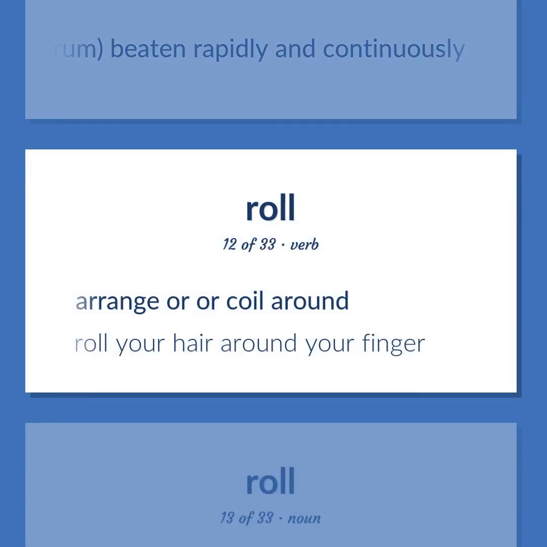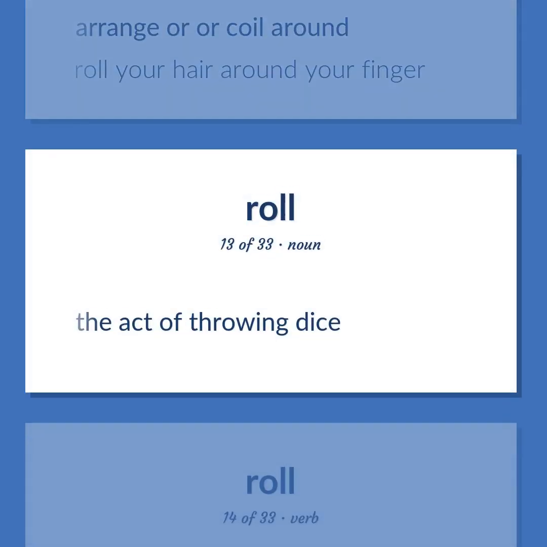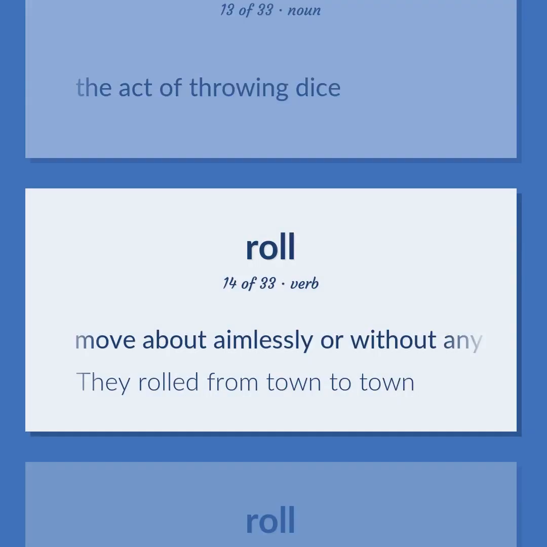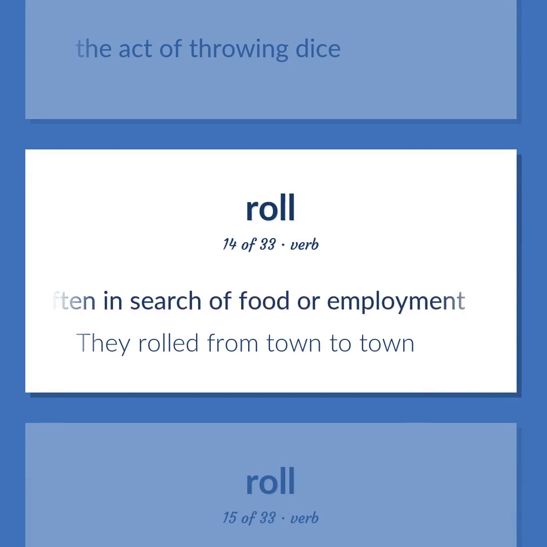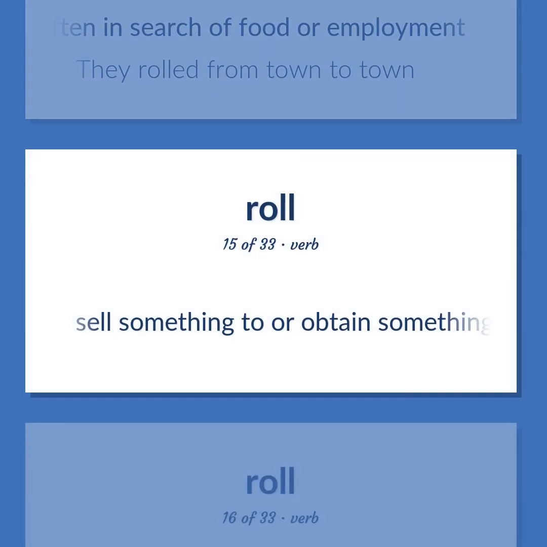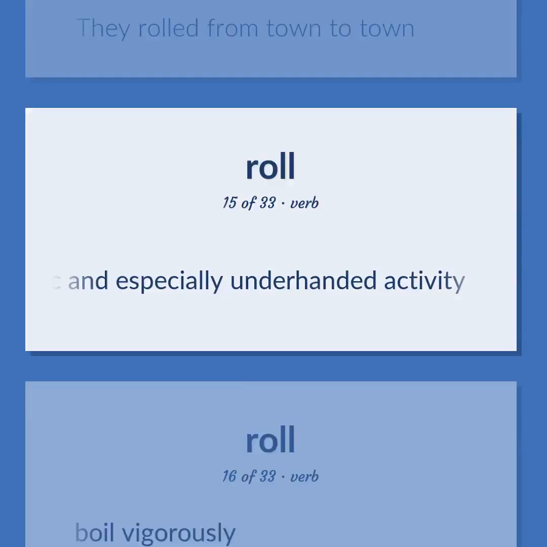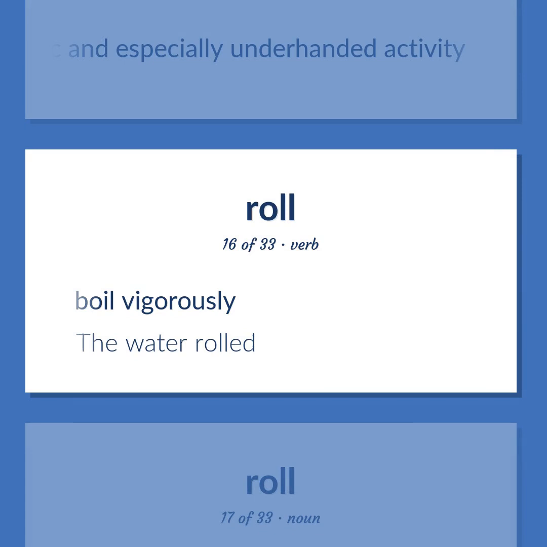Arrange or coil around. Roll your hair around your finger. The act of throwing dice. Move about aimlessly or without any destination, often in search of food or employment. They rolled from town to town. Sell something to or obtain something from by energetic and especially underhanded activity. Boil vigorously. The water rolled.